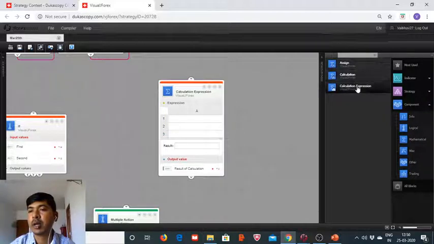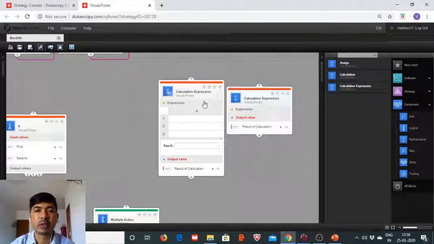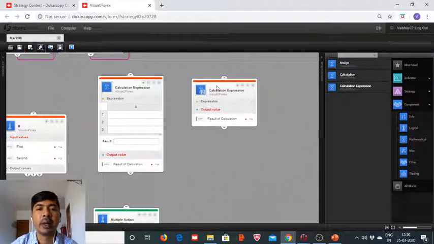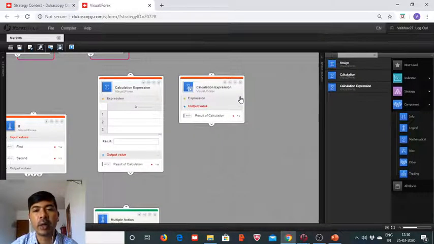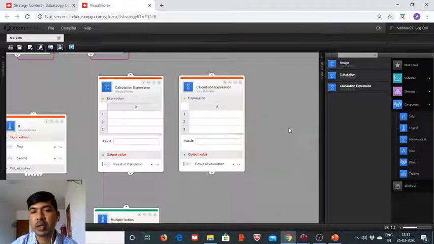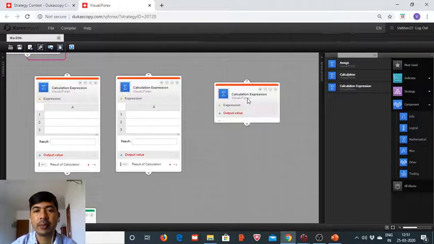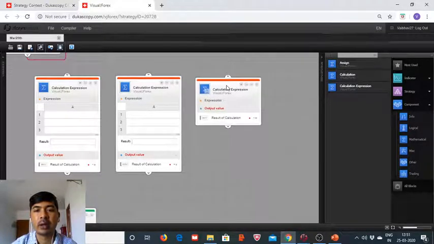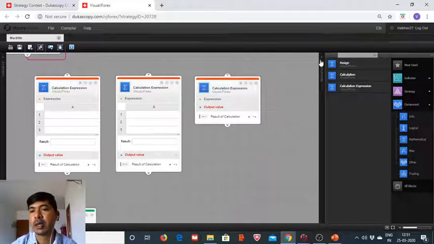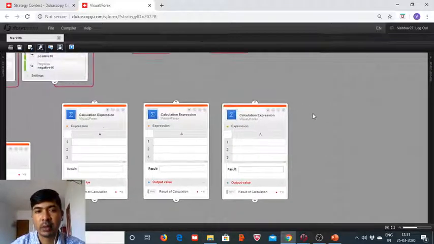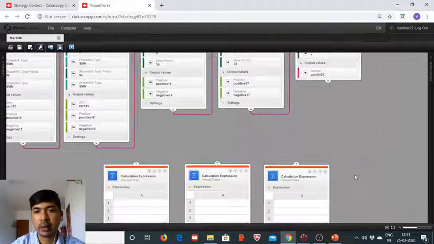We are going to need three calculation expressions, one for defining the buy execution, one for the sell execution, and one more for the order validity, so that we can place the necessary orders. So here we connect these blocks.